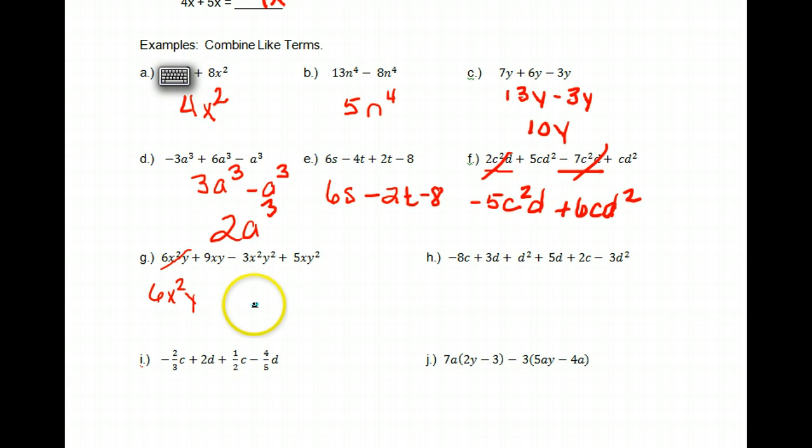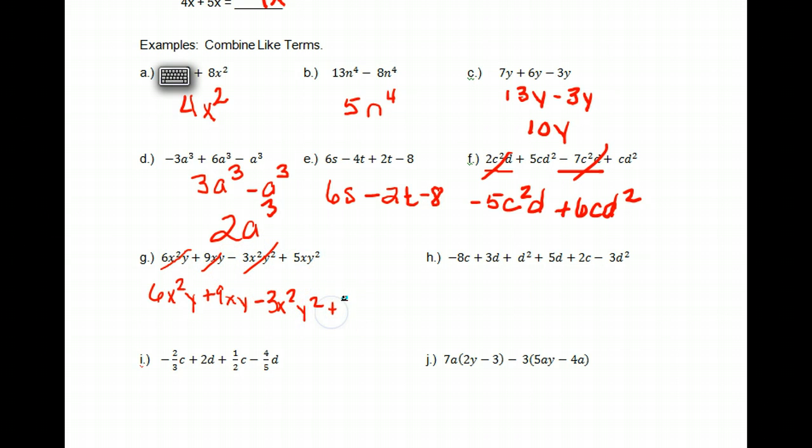Next, you are going to look for a 9xy, just an xy. There are none. So we're going to bring that one down. Then we're going to look for an x squared y squared. There are none. So we're going to bring that term down.